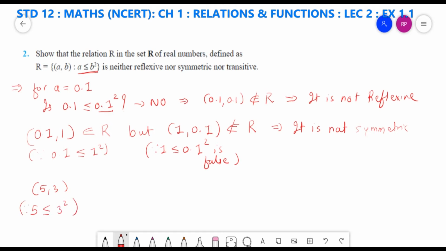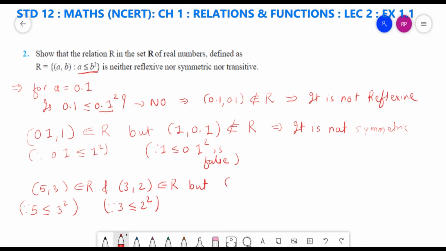Yes, because pi is less than or equal to 9. Therefore (pi, 3) belongs to R. And now with 3, I can take 2. Is 3 less than or equal to 2 square? Yes, because 3 is less than or equal to 4. So (3, 2) belongs to R.